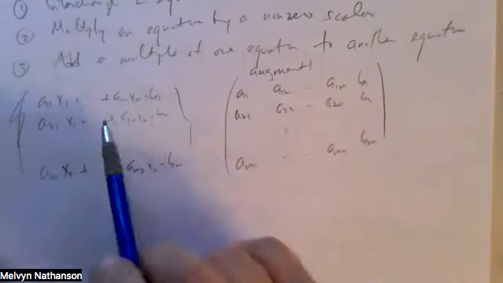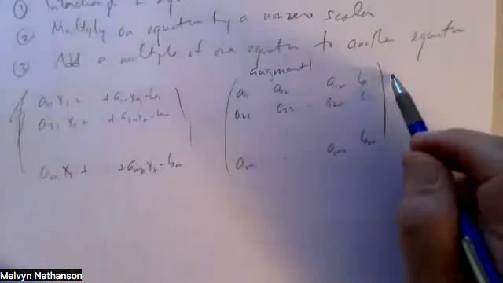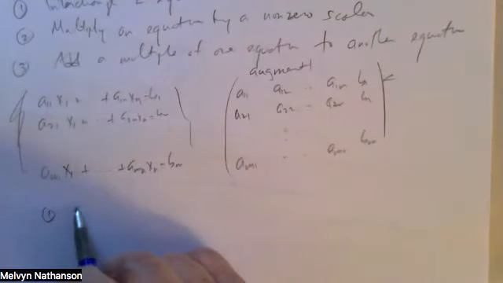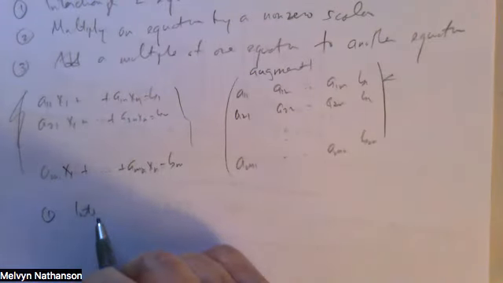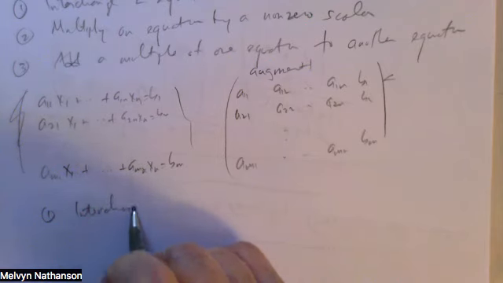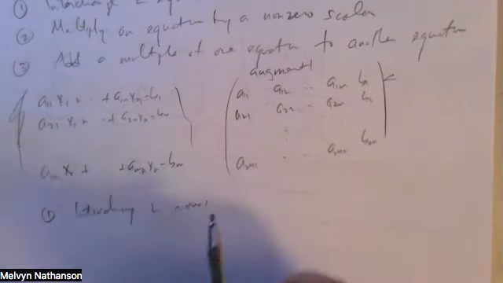What does it mean to interchange two equations? It's the same as interchanging two rows of the augmented matrix. What does it mean to multiply an equation by a non-zero scalar?